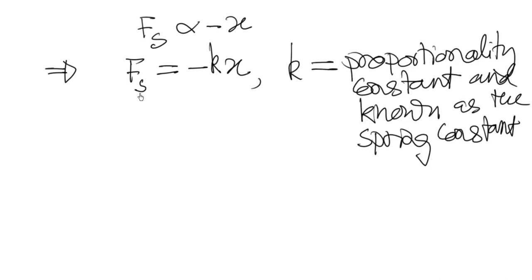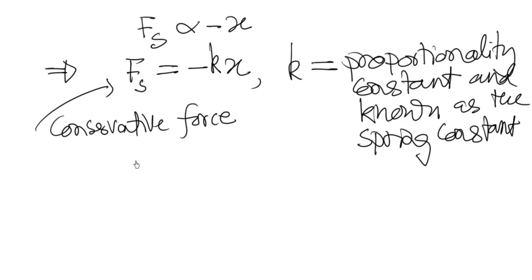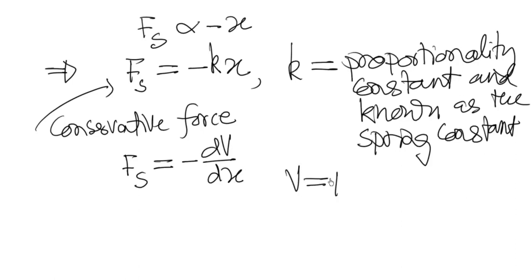Now the force here is a conservative force. And for a conservative force, the force can be written as the negative gradient of the potential function. And this V is the potential energy of the simple harmonic oscillator.